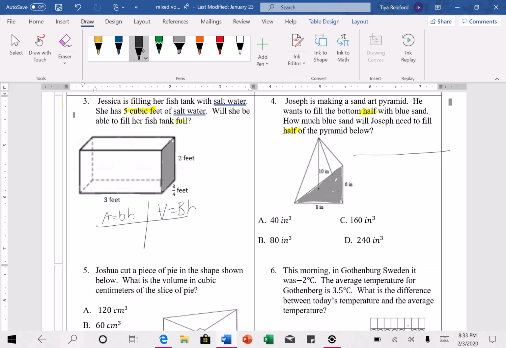And you are going to need a triangle formula using 6 and 8 and a volume of a pyramid formula. Now make sure you pause and finish.